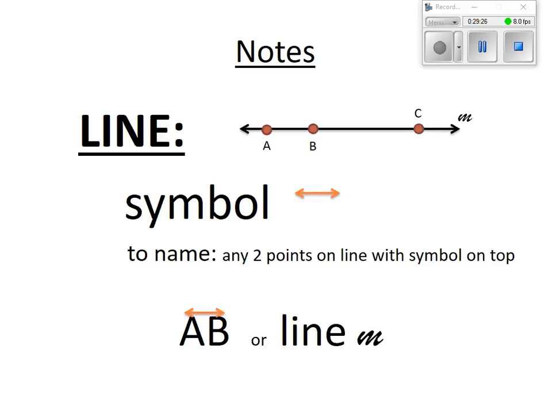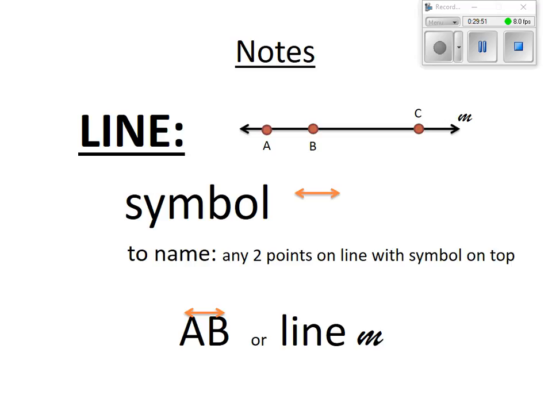All right. A line is a little tougher. With a line, there's a couple different ways to name it. The way we've been talking about is with 2 letters. They've got to be capital letters, and they've got to have the line symbol above them. I picked A and B. Is that the letters I had to pick?